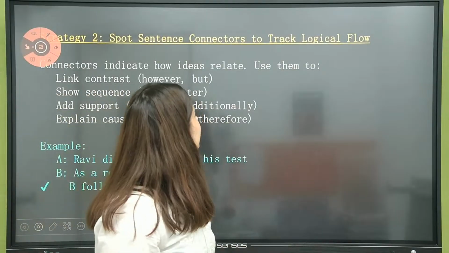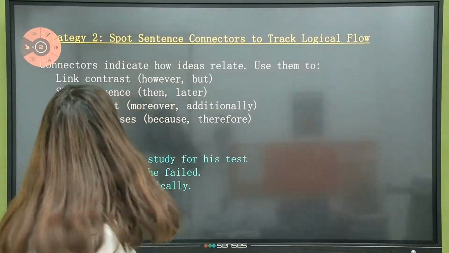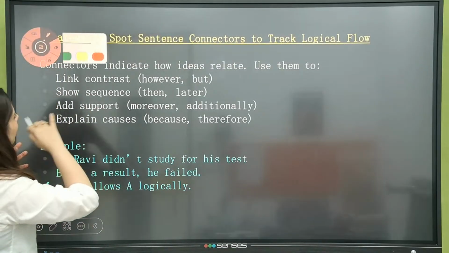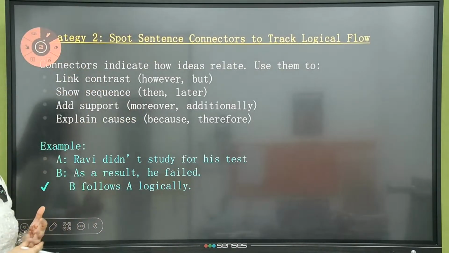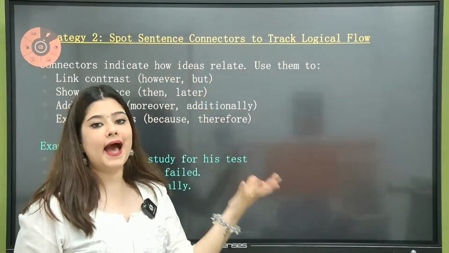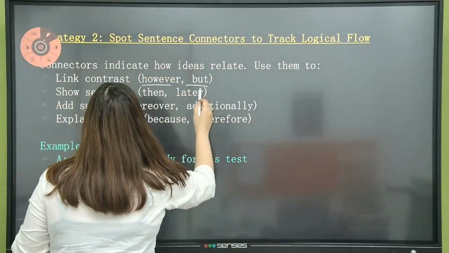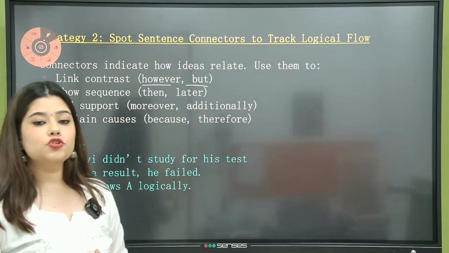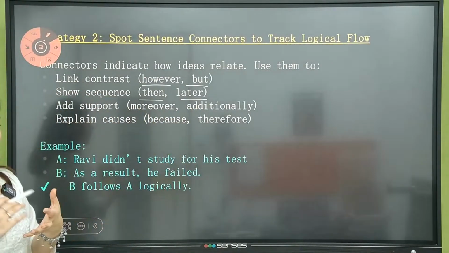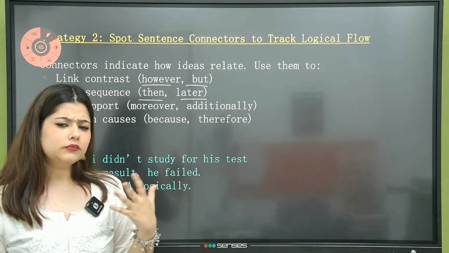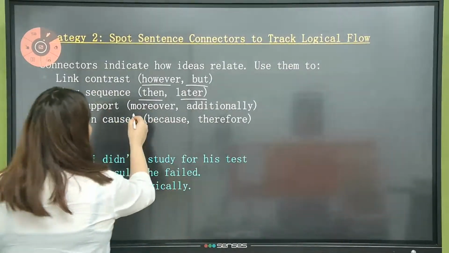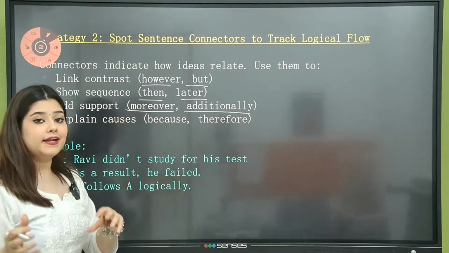Spot sentence connectors to track a logical flow. Now, connectors indicate how ideas relate to each other, right? So, contrast is shown by words like however, but. Sequence is shown by words like then, later. When you're adding more information to a sentence, you use words like moreover, additionally.